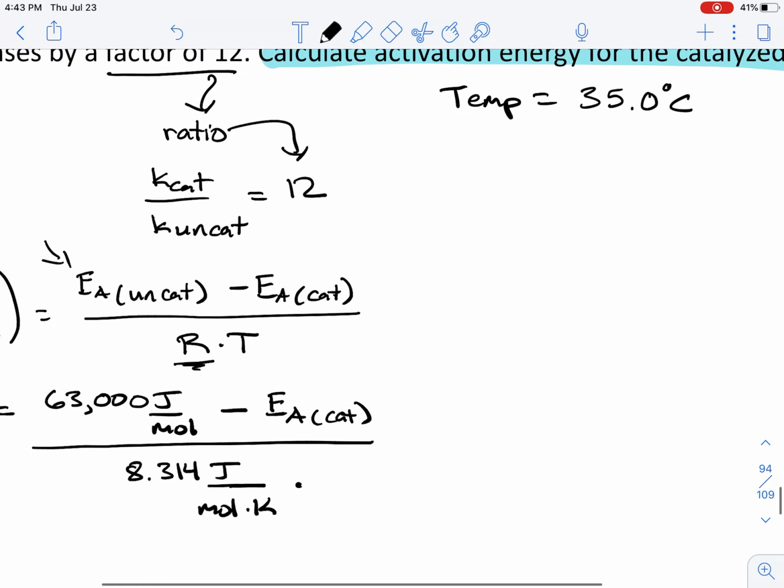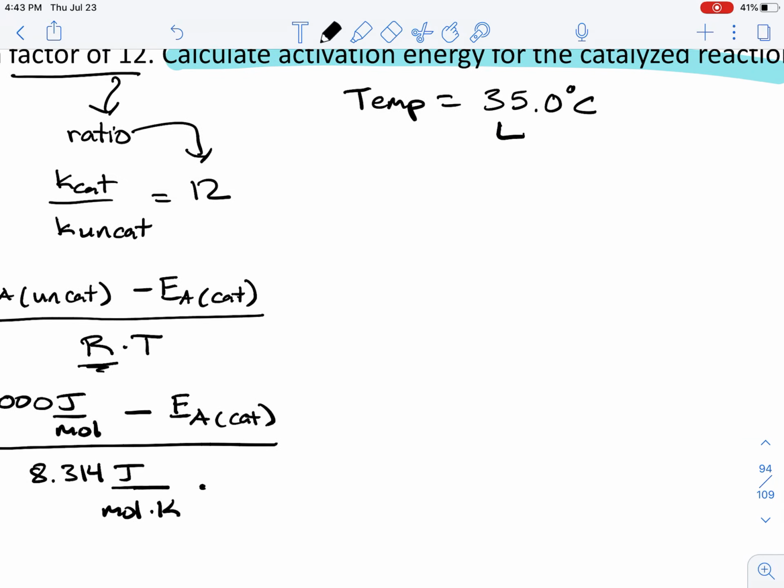times temperature. And so if we are assuming that this reaction happens at 35 degrees Celsius, I just made it up, I'm going to add 35 to 273.15. And so this is going to give me 308.15 Kelvin.